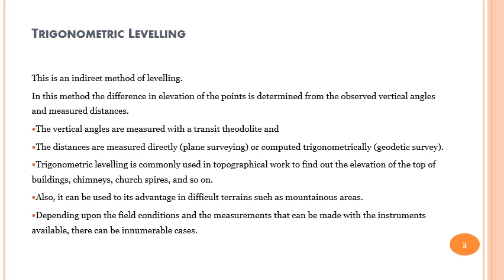Trigonometric leveling is commonly used in topographical work to find the elevations of the top of a building, chimney, church and so on. Also, it can be used to advantage in difficult terrain such as mountainous areas. Depending upon the field conditions and the measurements that can be made with the instruments available, there can be innumerable cases.